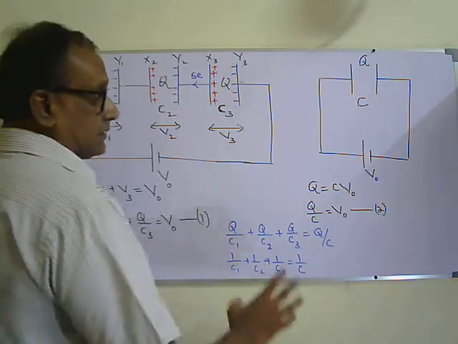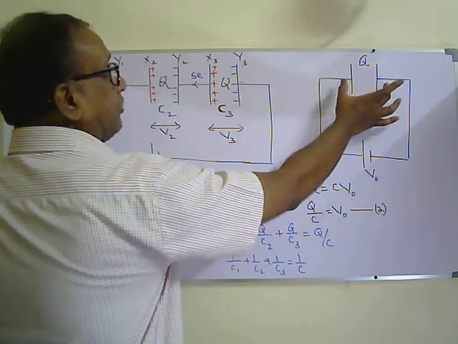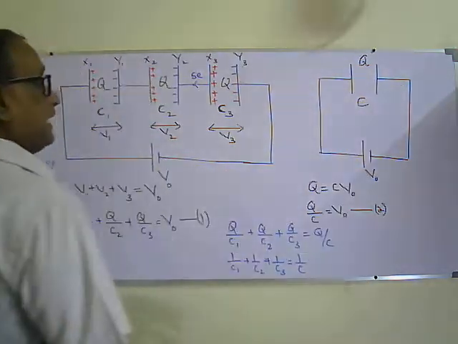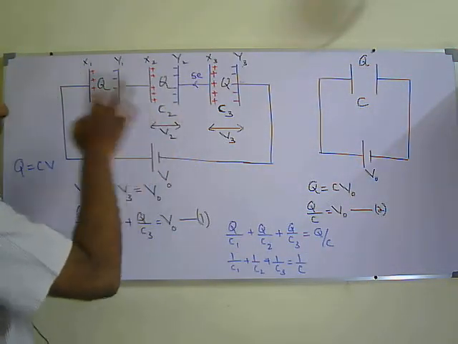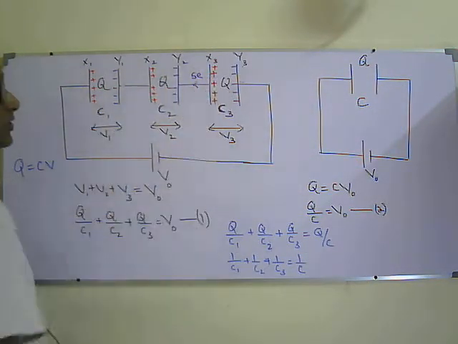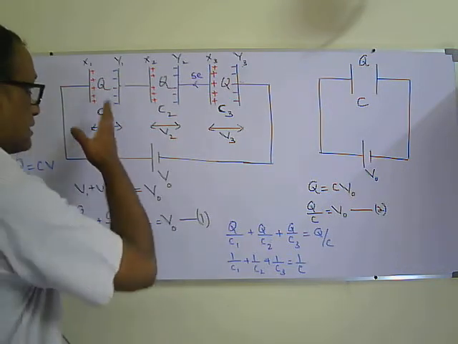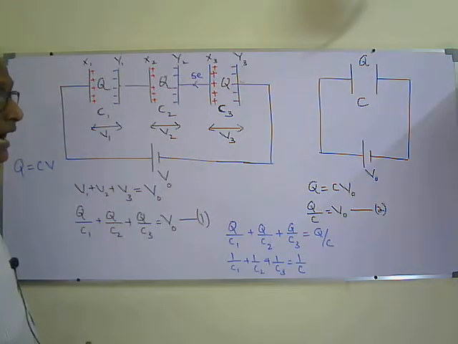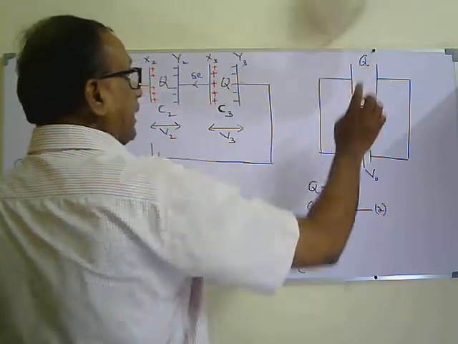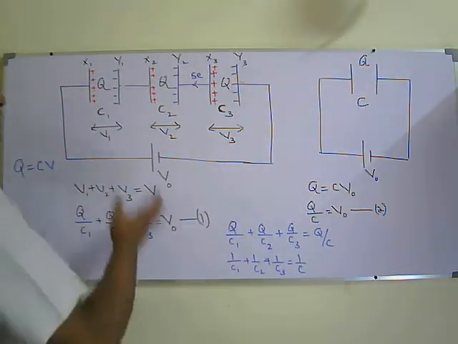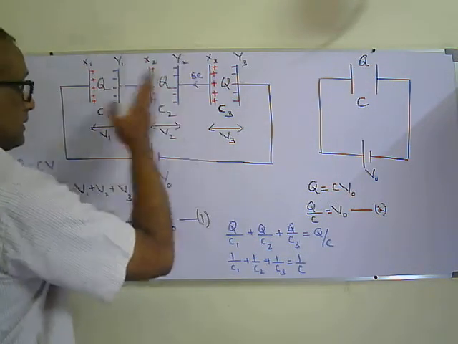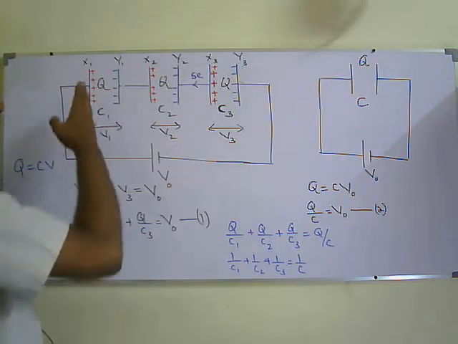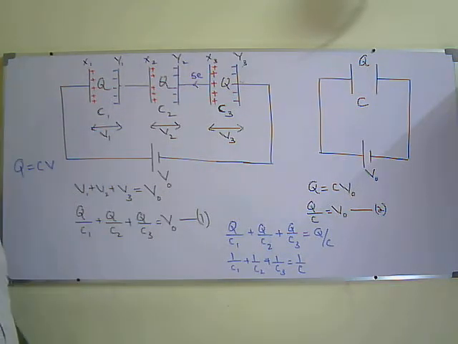So in series connection, the voltage across the equivalent capacitor is equal to the sum, the addition, of the voltages across the capacitors connected in series. And the charge of the equivalent capacitor will be the same as the charge of the capacitors connected in series, so they carry the same magnitude of charge.